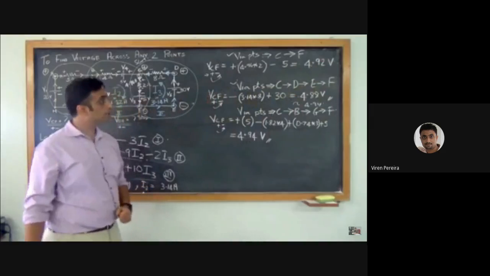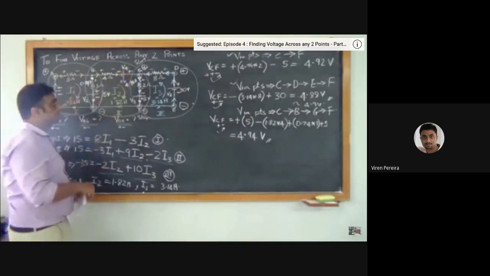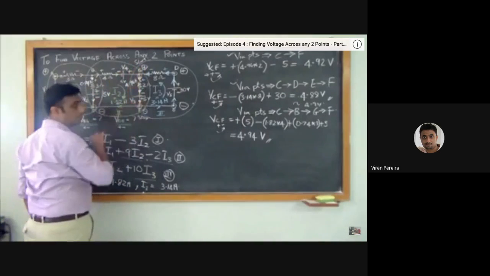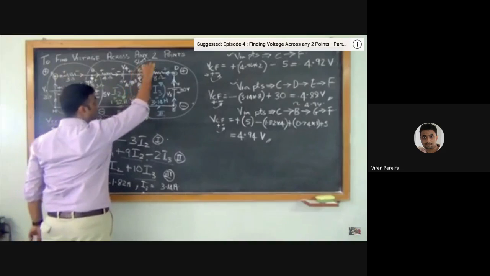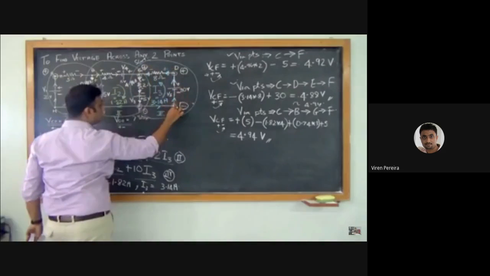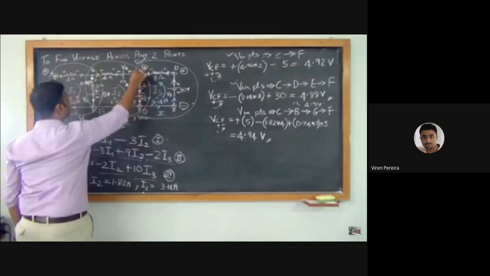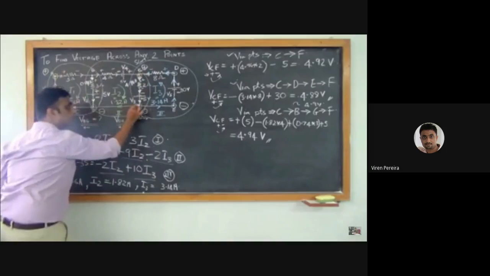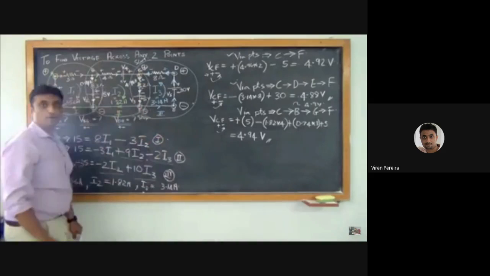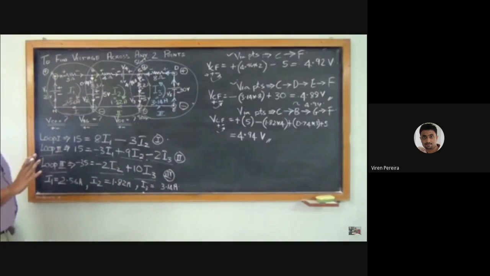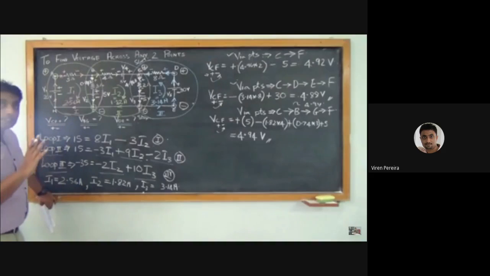So no matter which loop we take, either CF, or C to D, D to E and E to F, or this loop, or this loop, you will get the same value of voltage. No matter which wire points we take, the value of the voltage will always remain the same.